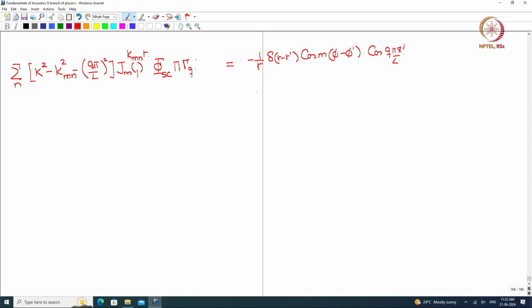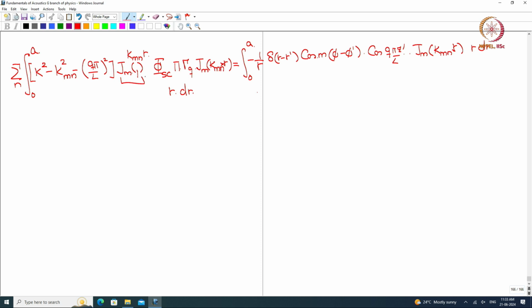Now I will multiply by Jm kmn star into r dr, and the same on this side, Jm kmn star into r dr. Okay, and I will integrate from 0 to a. Here also I will integrate from 0 to a. Okay. So, it is an r integral.